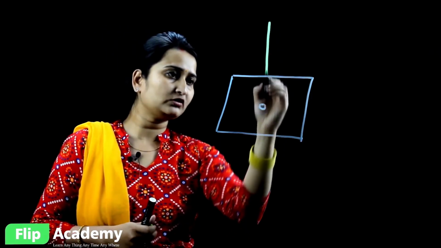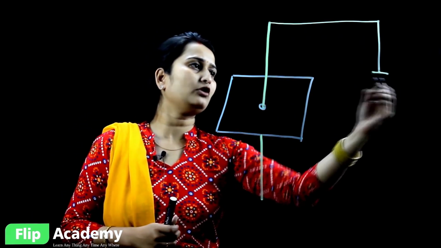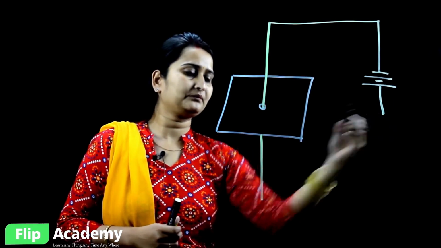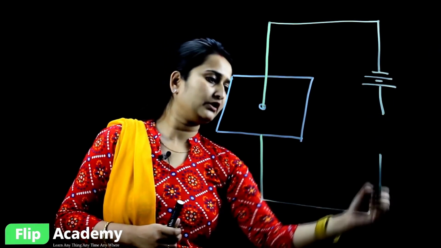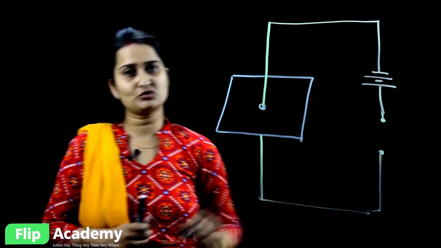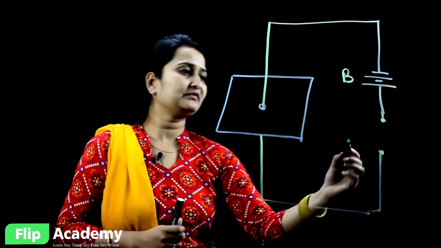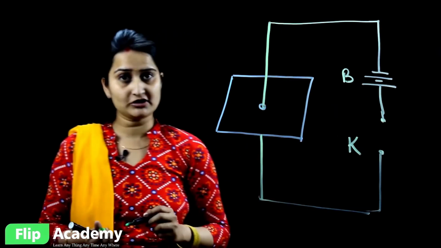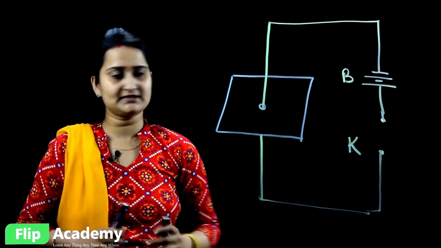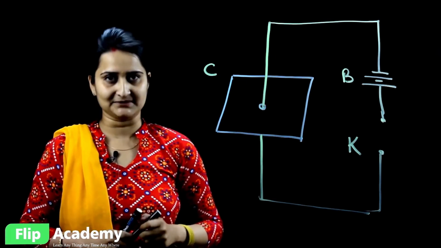Now pass the copper wire through this hole and connect the two ends of the copper wire to the battery, and regulate your circuit by means of a switch. This is a battery, which is represented by P. This is a key, that is, a switch, which is used to control the circuit. This is your cardboard, which is represented by C.